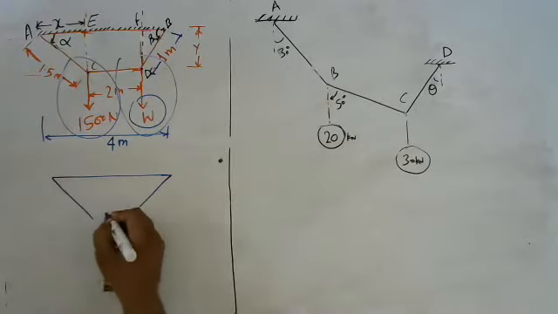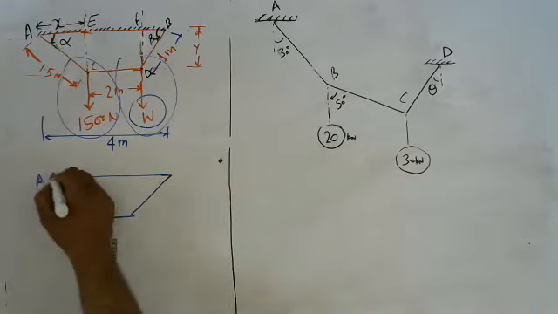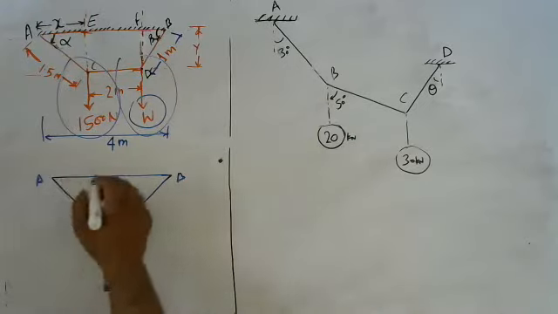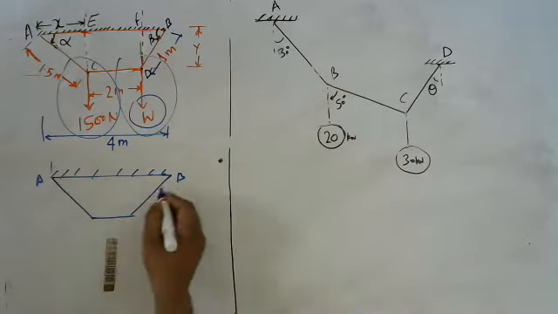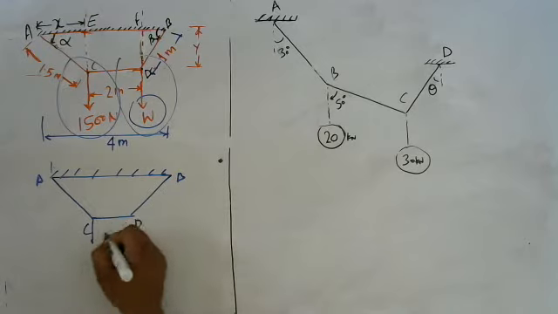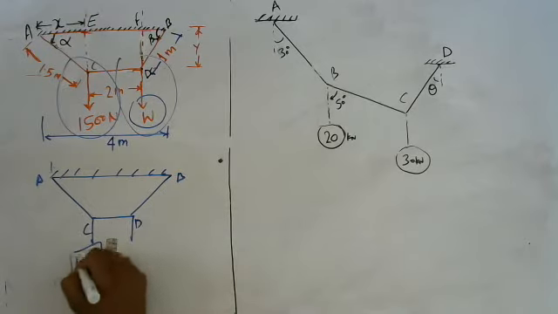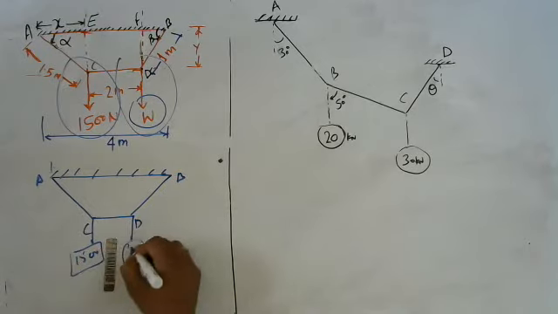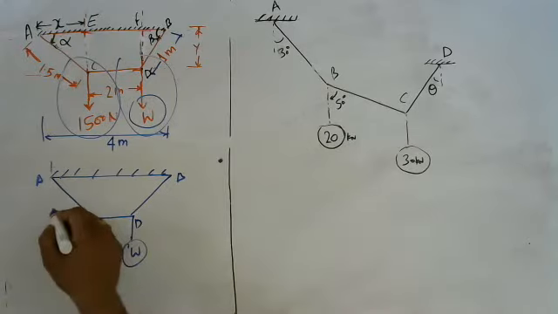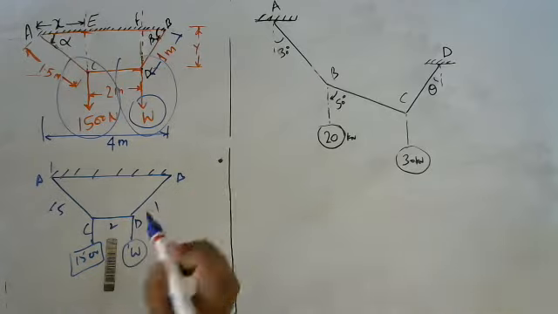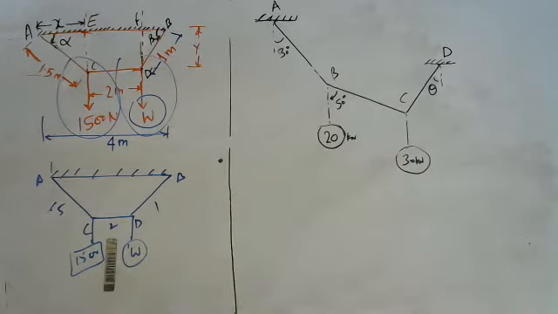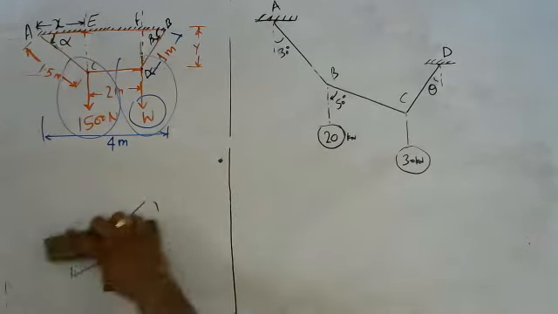This is the rope AB connected on a wall 4 meter apart, and C, D are the points where loads of 1500 and W are to be found, and these are the lengths 1.5, 2 and again 1. So this data is given to us. We have to find out the various unknown forces.